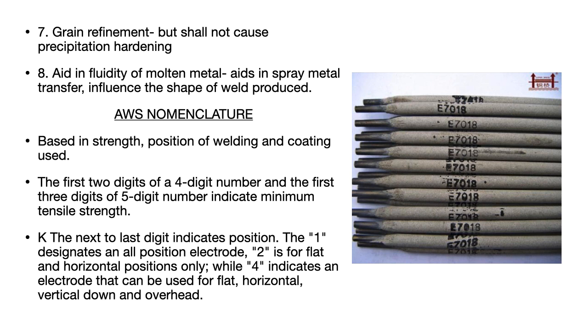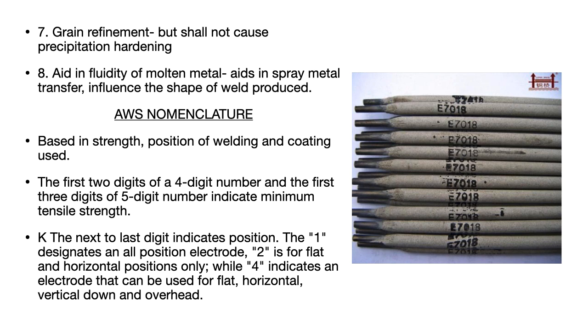Precipitation hardening is that if certain elements are added, those elements can react with certain elements in the base metal and then form precipitates which remain in the microstructure, and then increase the hardening, and which can make the metal brittle in nature.